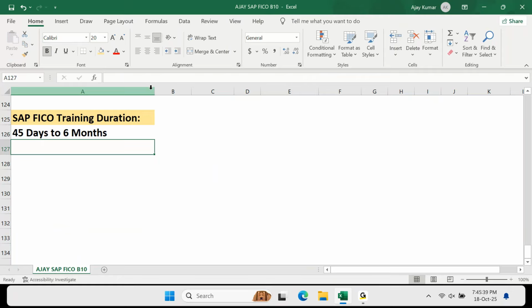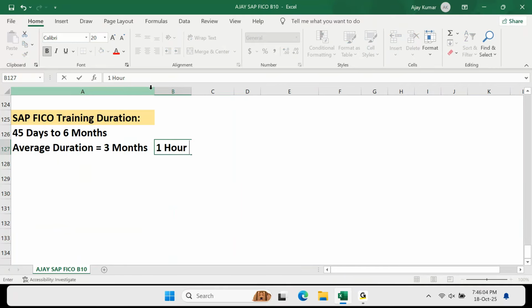In short, on an average, average duration is equal to 3 months. Am I right? For FICO, average duration for SAP FICO is 3 months. This is standard everywhere. Okay, now this 3 months course duration, 1 hour a day, if you speak.